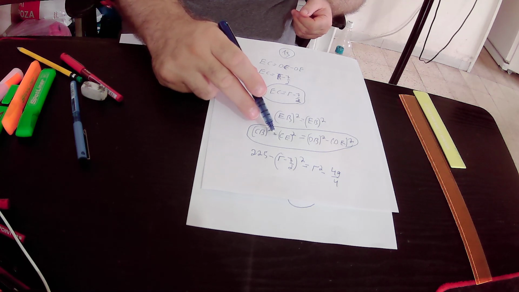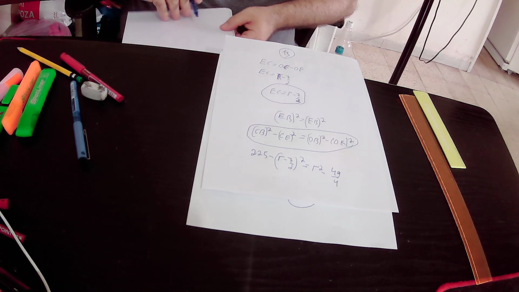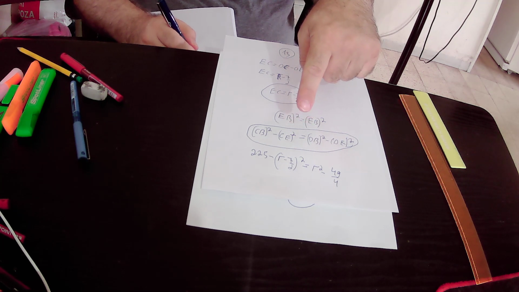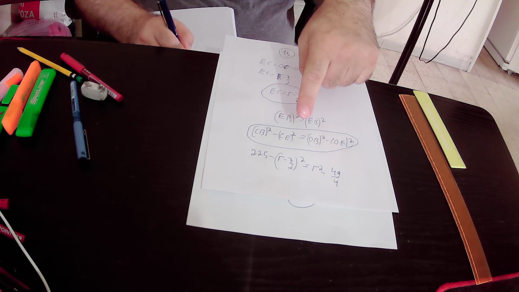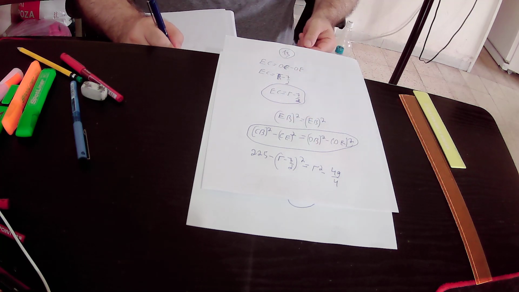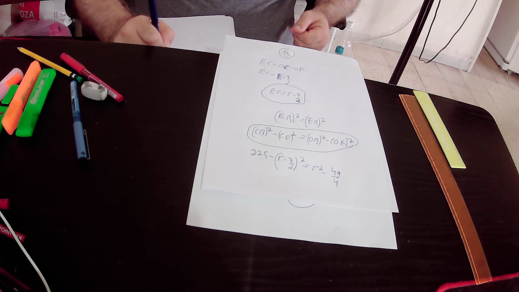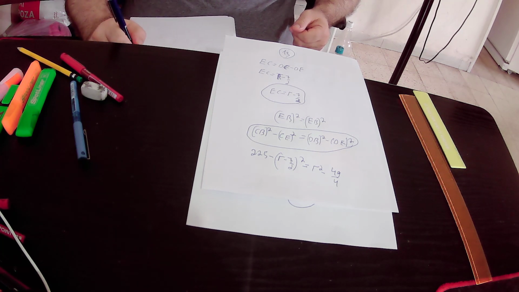So here we will open the brackets and we will get that 225 minus (R minus 7 over 2) squared, which is R square plus 7 over 2 squared, which is 49 over 4, plus minus 2 times R times 7 over 2, equals R square minus 49 over 4.